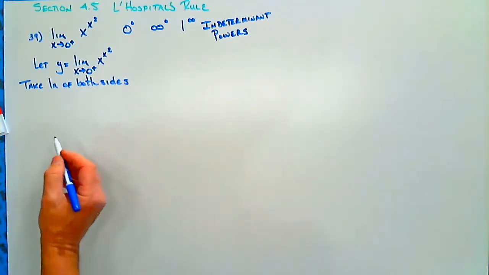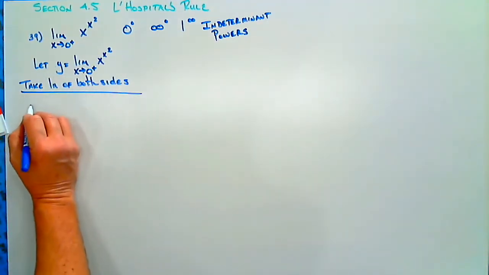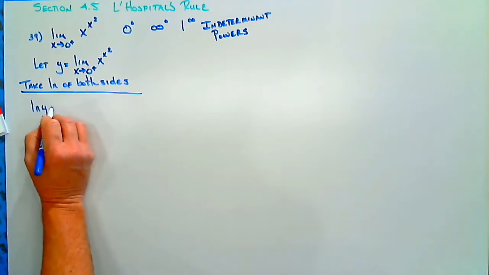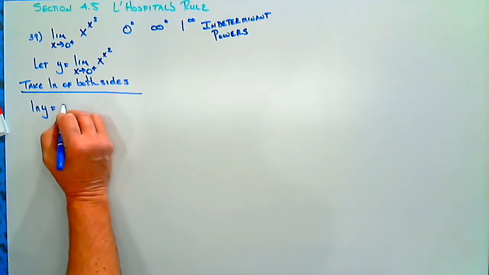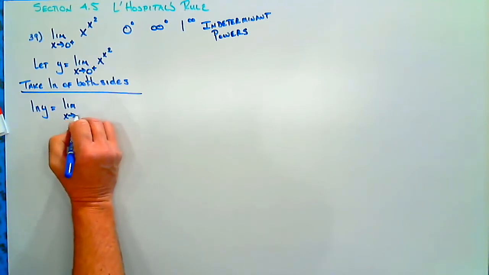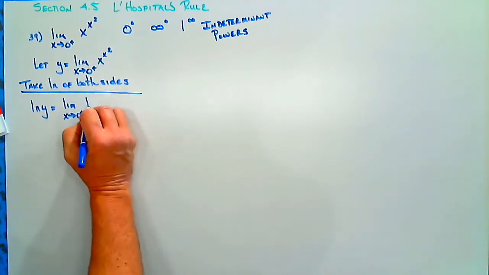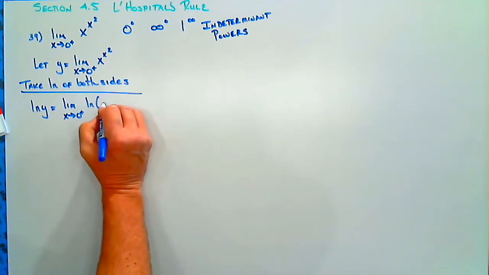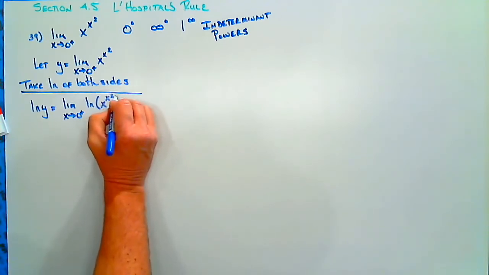So what does that look like? Well, this side just turns out to be the natural log of y. This side turns out to be the limit as x approaches 0 from the right of the natural log of x to the x squared.